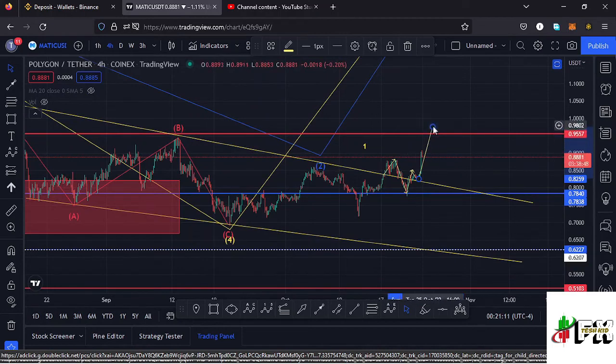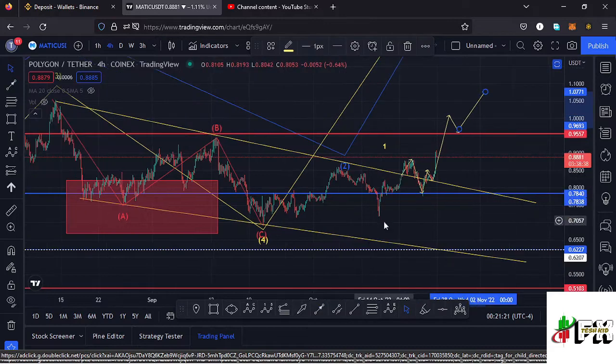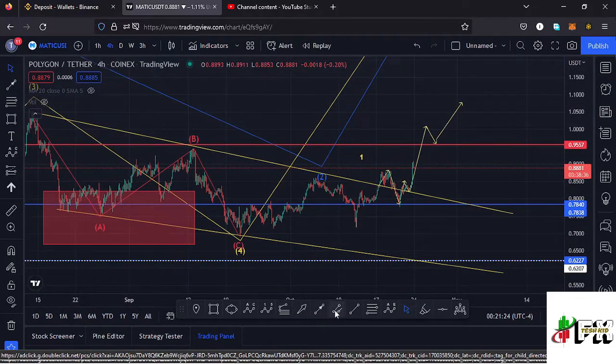And in case we manage to break above that key area of resistance, I will also expect to see a retest of that key area of resistance before we continue pushing even higher. And we also have another channel which is right here, and if I draw it out, we can have this as the upper side of the channel right there.